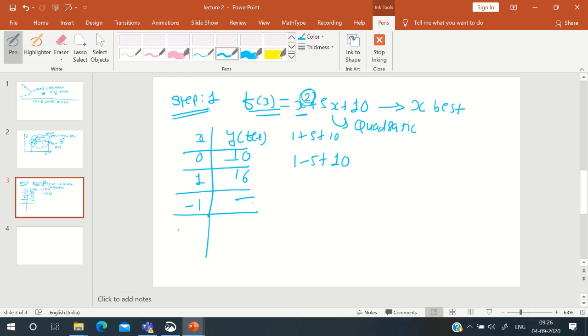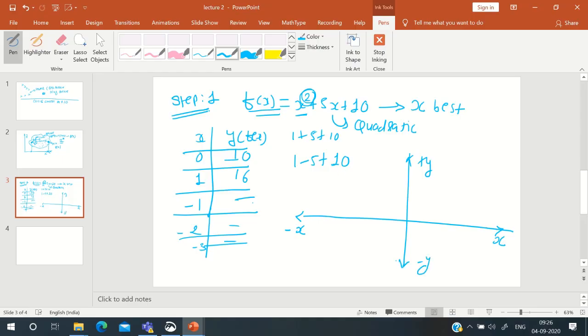Similarly, put x is equal to minus 2, x is equal to minus 3, and you obtain the different values of y. And if you draw the graph of this f of x, on the x-axis, this is plus x, this is minus x, here it is plus y, here it is minus y.